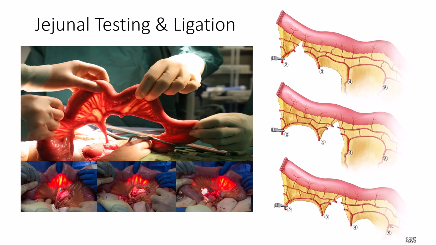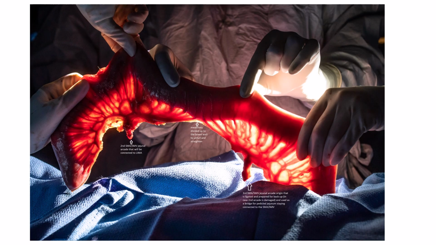Jejunal testing and ligation is always performed. The transillumination of the bowel can easily be seen in the images to the left, whereby we are using a traditional approach from the arcade separation as is seen in the top right. This is that same illustration of the traditional arcade that was seen in the top right image, whereby the second mesenteric branch will be anastomosed, and the arrow to the left indicates the left internal mammary artery and vein.